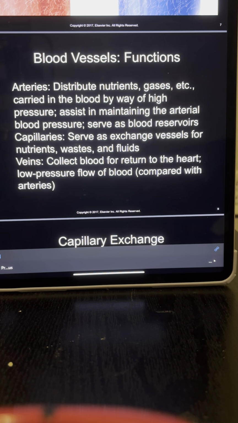And in order to control some pressures, the smooth muscle in these vessels that I'm showing you, they contract.